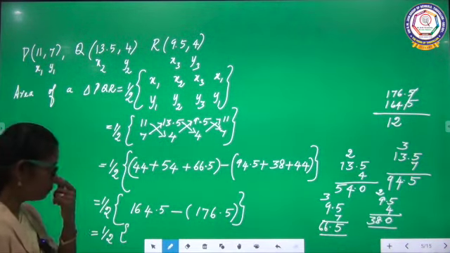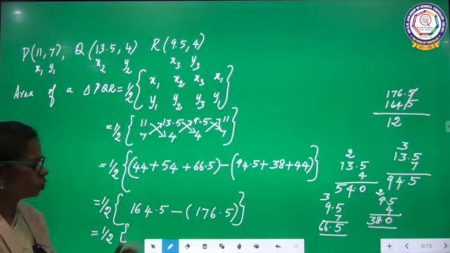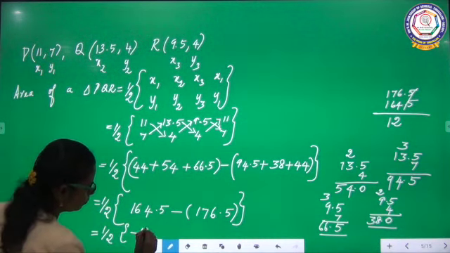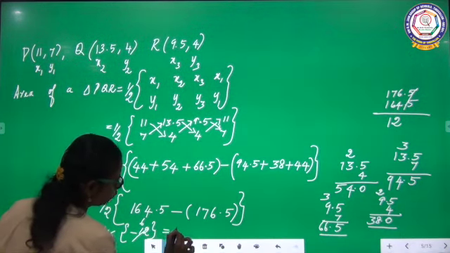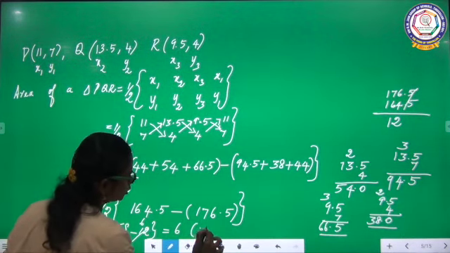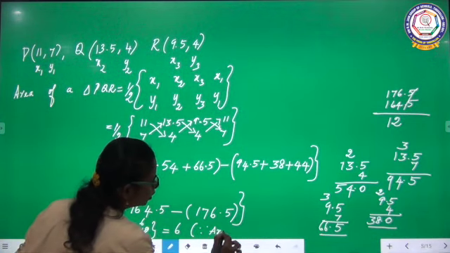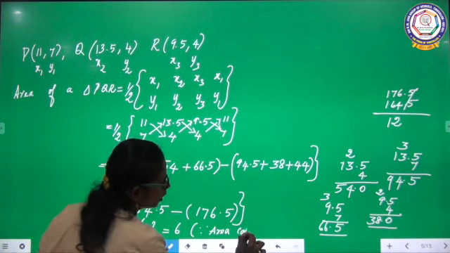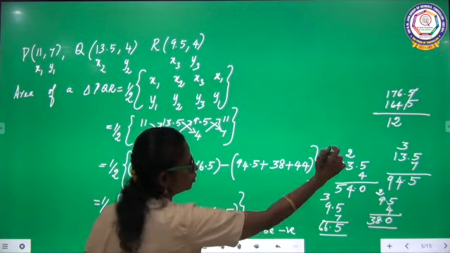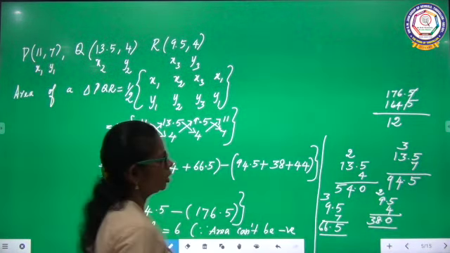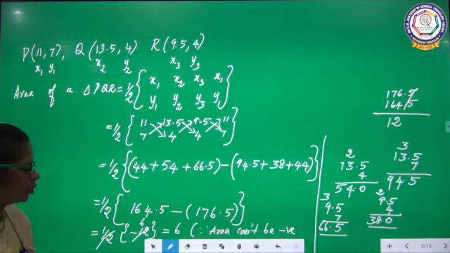What you will get? Minus 12. Which is equal to 6. Here also the same. Area can't be negative. Right side calculation. So you have to put a line and do, right?